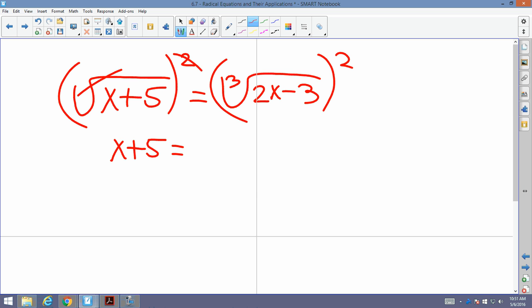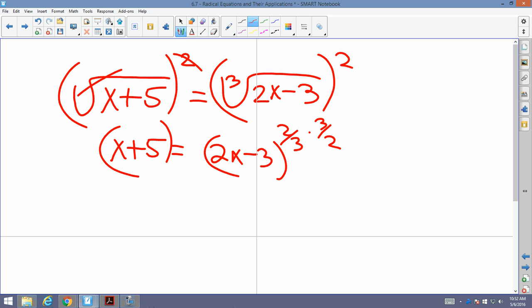This is going to be 2x minus 3 to the 2/3 power. Now if you multiply by the reciprocal though, now we're going to keep going back and forth, right? So now if I multiply by 3 over 2, we'll multiply this by 3 over 2.